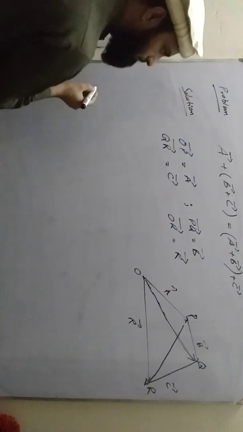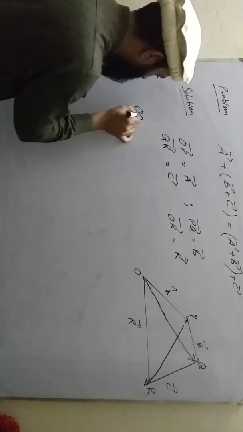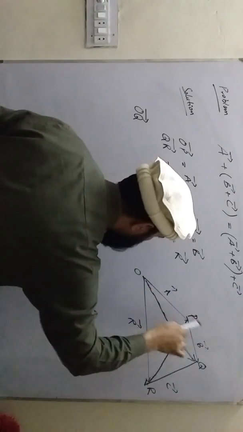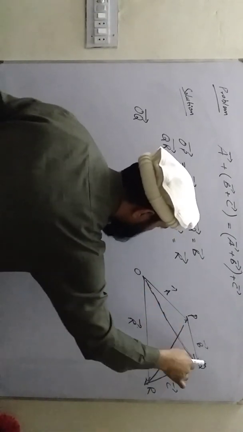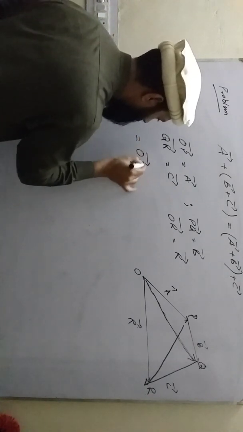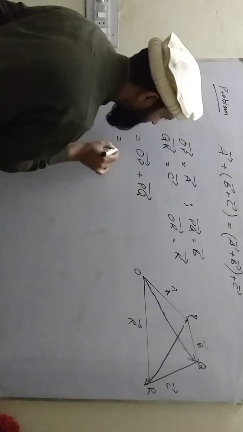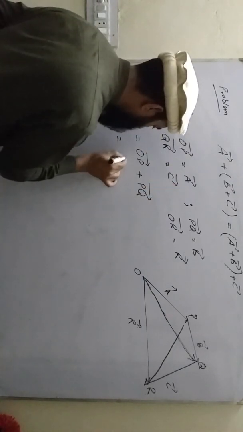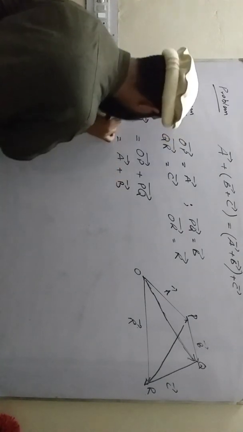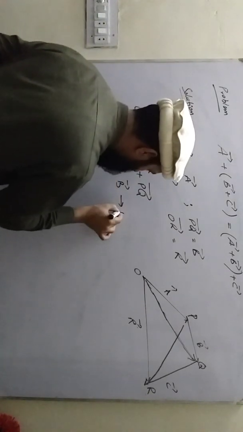From the figure, OQ is the resultant, or sum, of OP plus PQ, and OP is the vector A and PQ is the vector B. This is equation number 1.